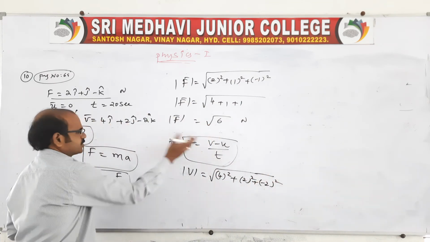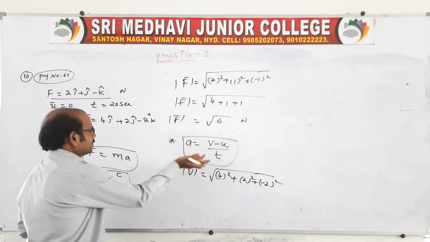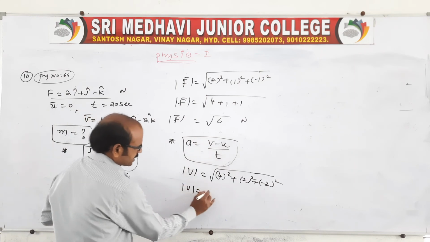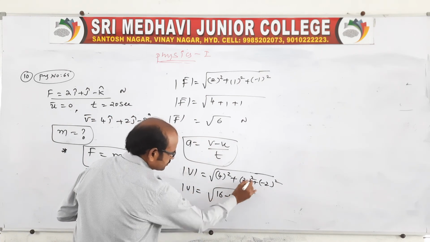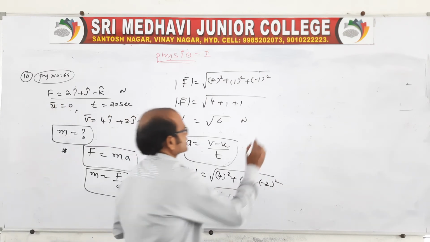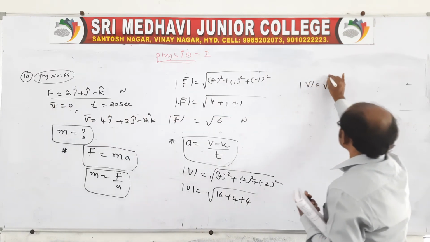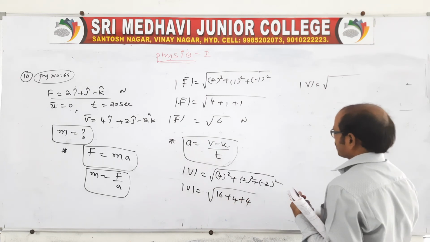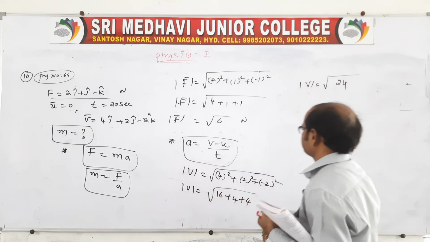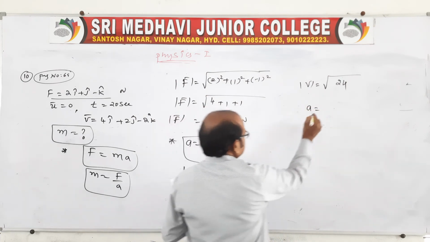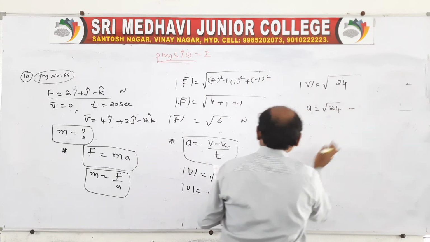Otherwise you can directly substitute, no problem; after substituting you take the magnitude, nothing will change. So root over 16 plus 4 plus 4, the velocity magnitude is root 24.